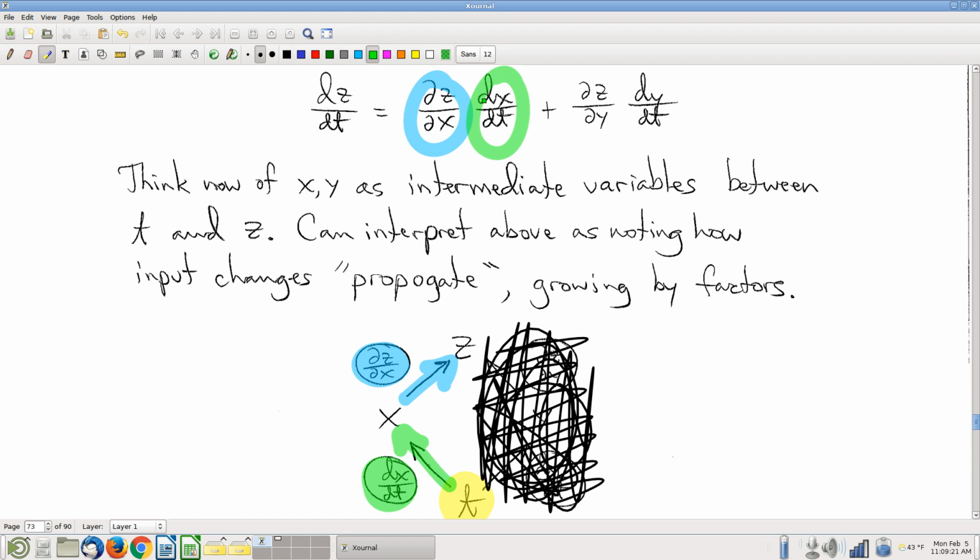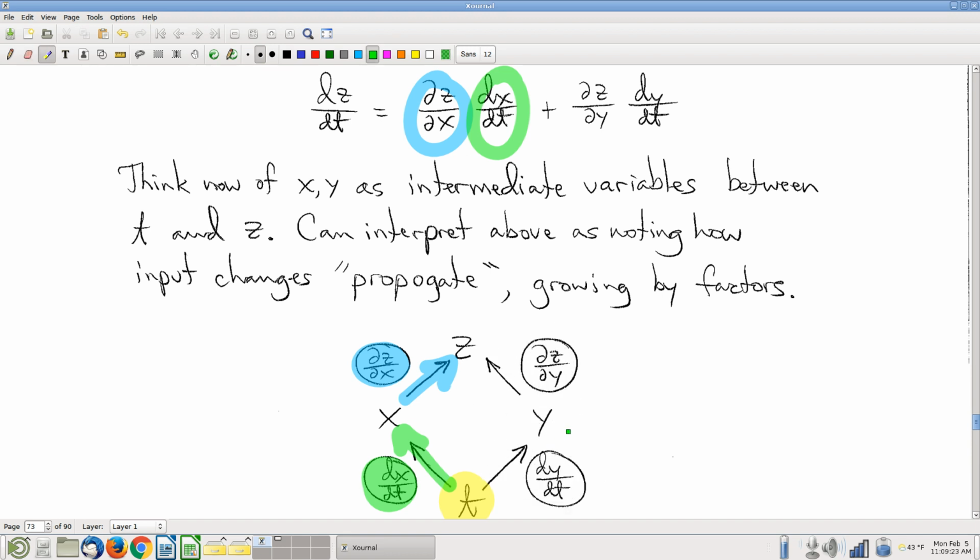Now you can make a totally analogous argument to point out that this doesn't happen in a vacuum. You change t, yes, it's going to change x, and this conversation is all well and good, but when you change t, that also changes y. It's important. It does. It changes y as well. So let's see here. dy/dt is the factor between dt and dy.